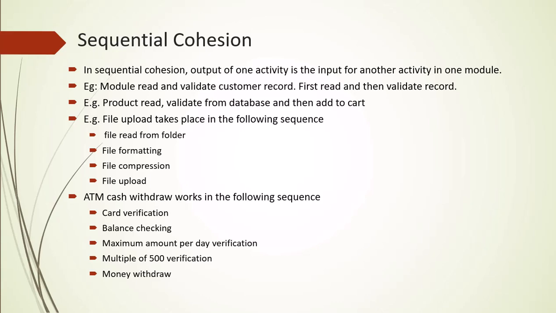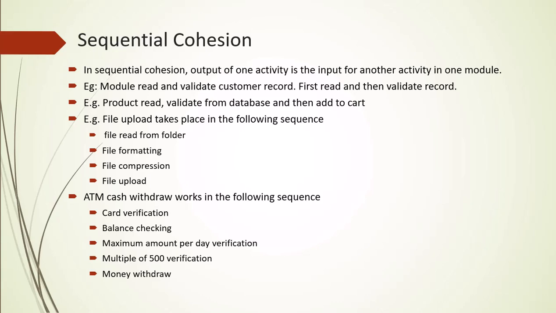Another type is sequential cohesion. The name indicates sequential. This means the output of one activity will be the input for another activity. Remember the activity. When one activity finishes, its output will be the input for another activity, and so on.